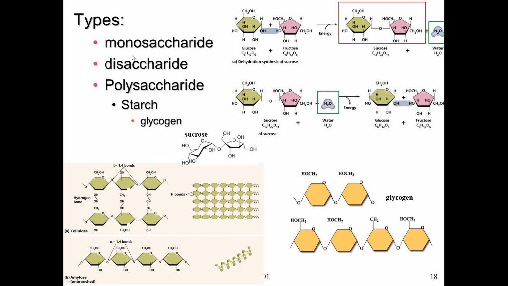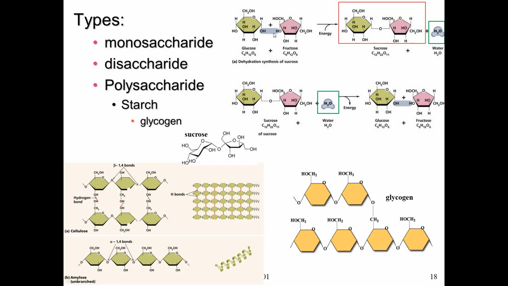Types: monosaccharides, already mentioned. Disaccharides, polysaccharides. Okay, so up here at the top, you see a disaccharide being made. This is sucrose. I put a red box around it. If you look at the left, you see here's a glucose and a fructose. Here's that water molecule being constructed from the hydroxyl of one and the hydrogen of the other.